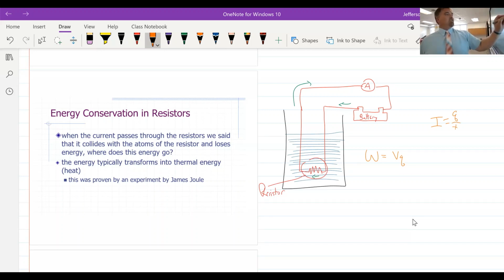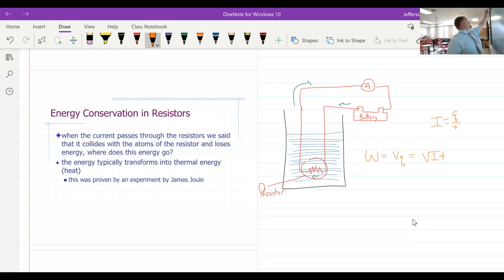And so we could actually replace this Q with the current times time. Again, a little manipulation, we'll explain this a little bit later on. But by knowing the voltage across the battery, the current going through, and the time that it was on, he was able to predict how much electrical energy was going through that resistor.